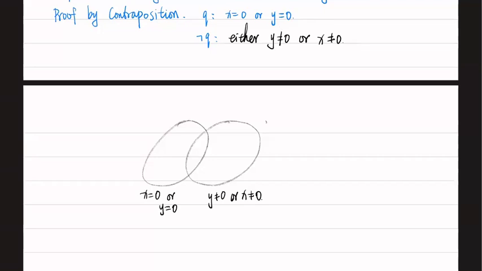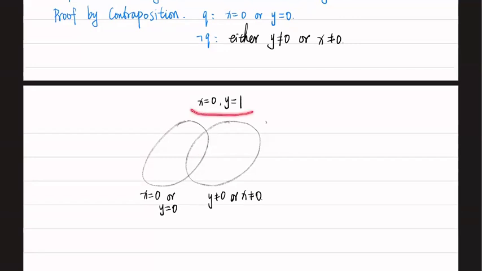There are intersections between them. Let's see what's the intersection. For example, let me check. X is 0, Y is 1.